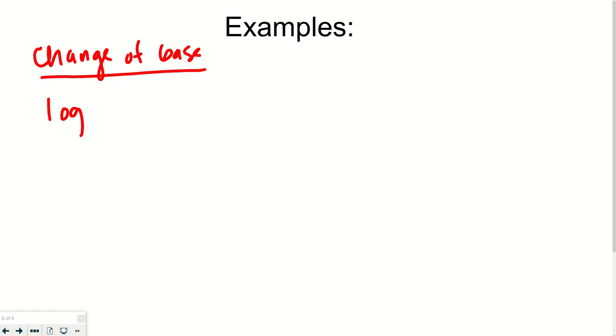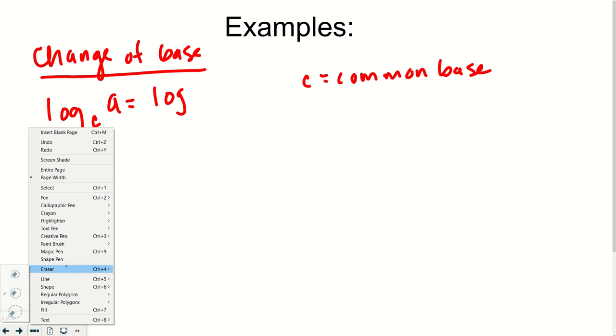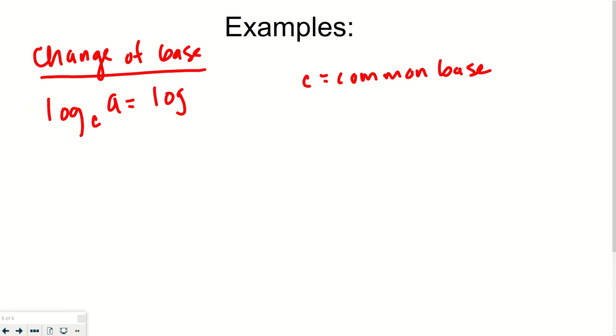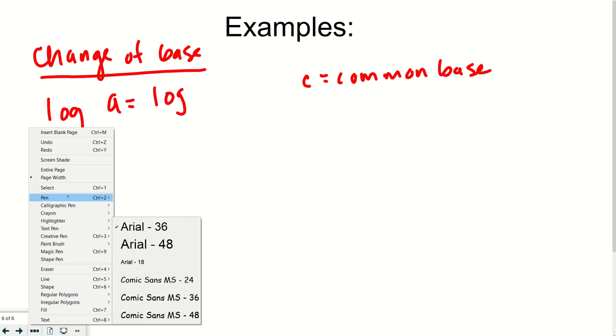If you have some log of whatever that is, we'll call it c, and then this is going to be a. You're going to do the log. I would use base 10. You want to use a common base. Well, if I'm going to use a common base, then maybe I should call this something else. Let's still call this b. How about that? Keep it the same.